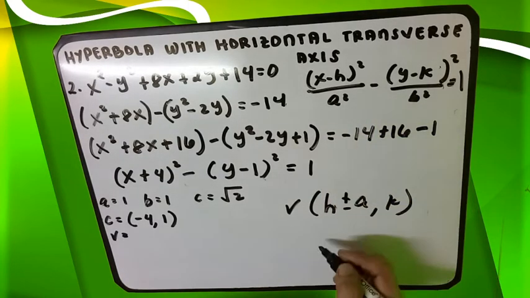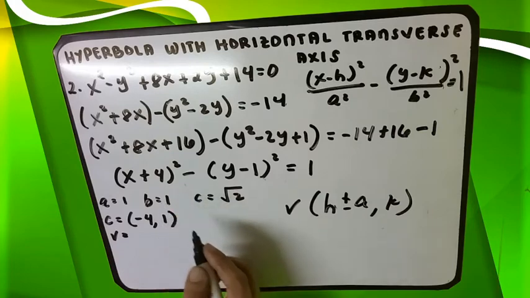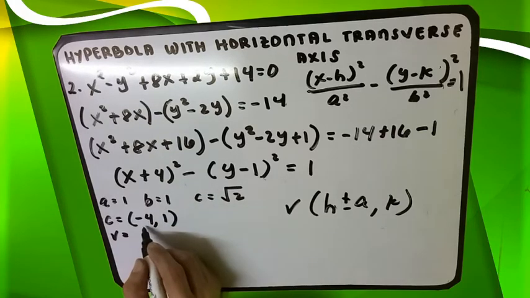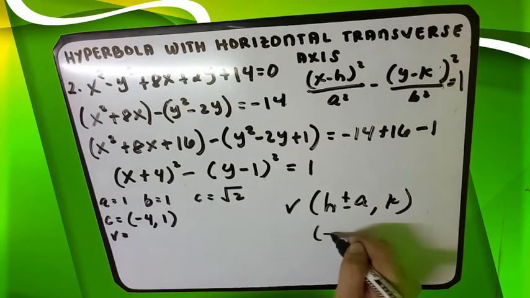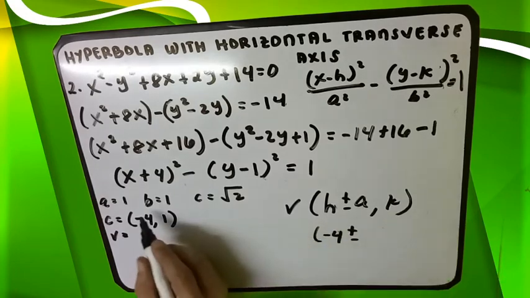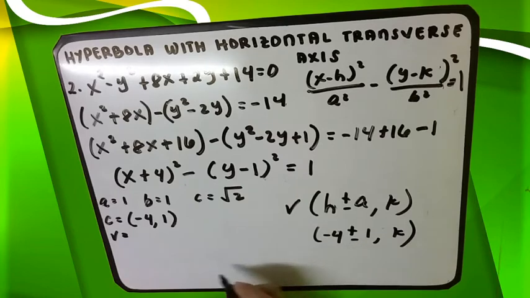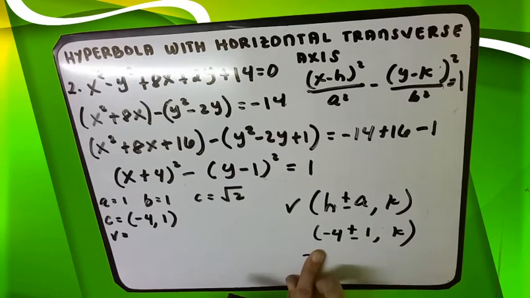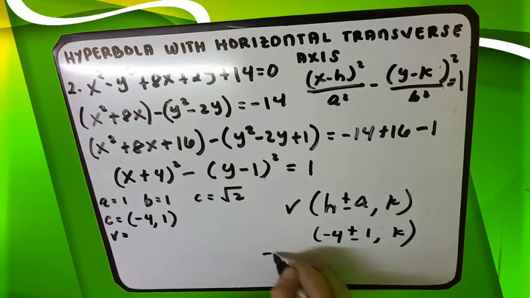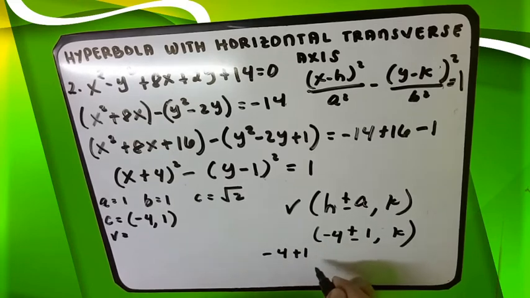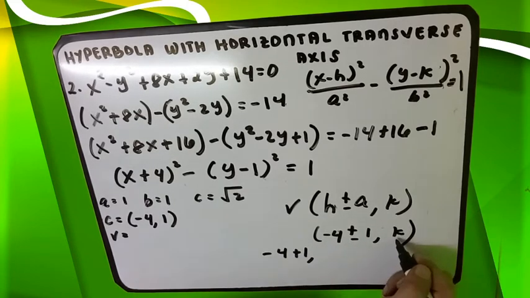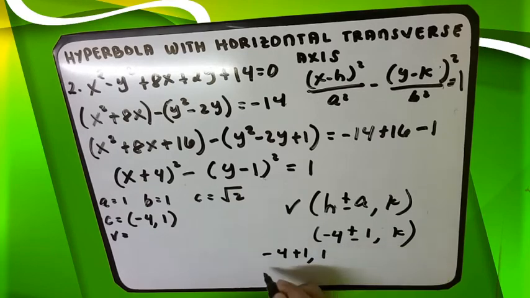Our h is negative 4, plus minus our a is 1, and then k. So when we separate this, that is negative 4 plus 1, and what is our k? 1. And the other one is negative 4 minus 1. Our k is 1.